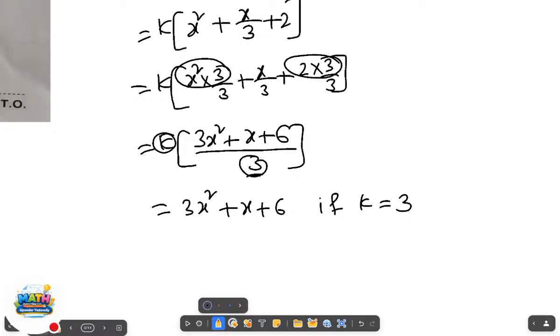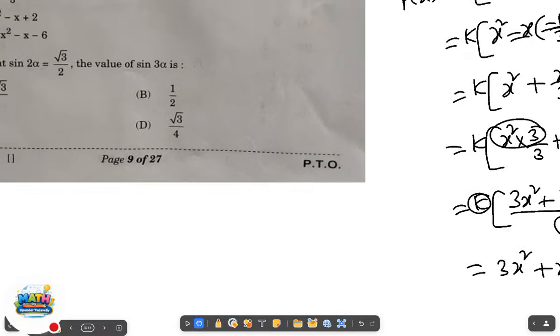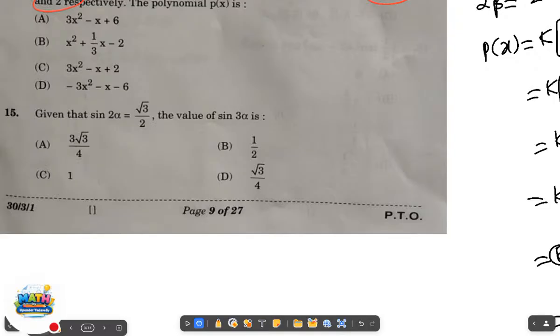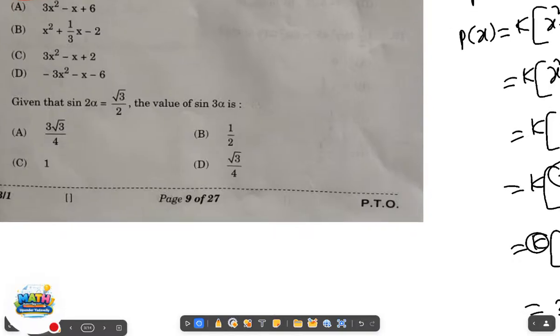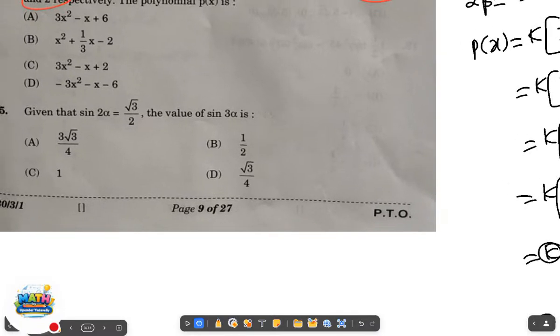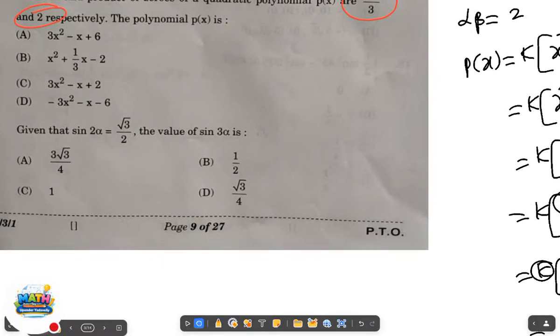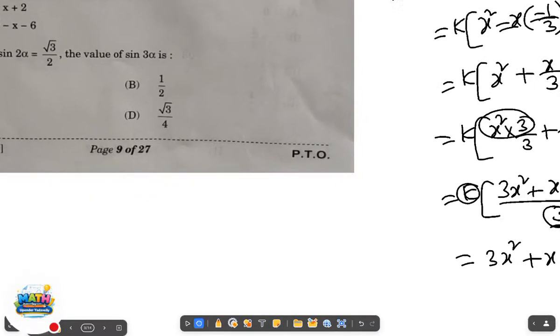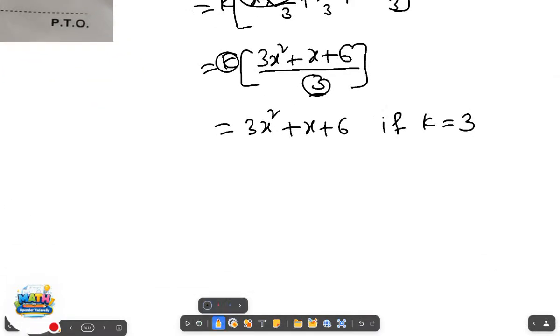So do we have this option? 3x square plus x. We don't have this option, right? Let's do one thing. Let's take minus common here. If you take minus common from the first 3 terms, what do you get?